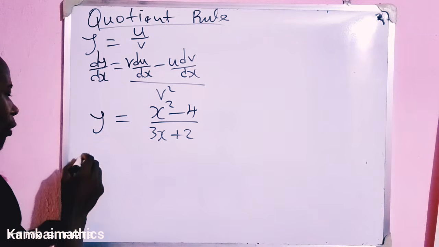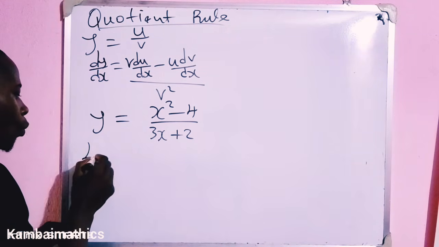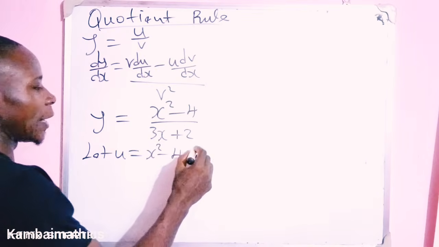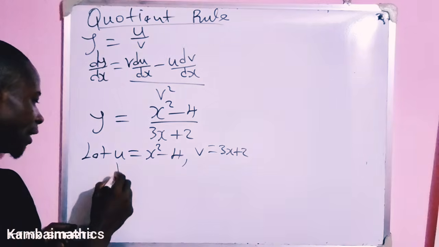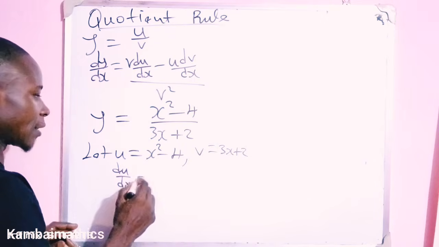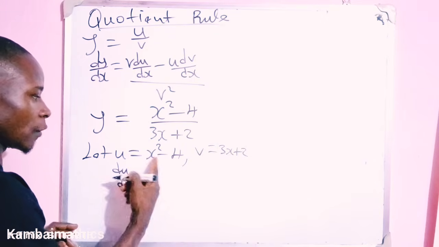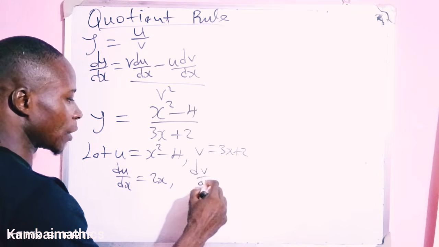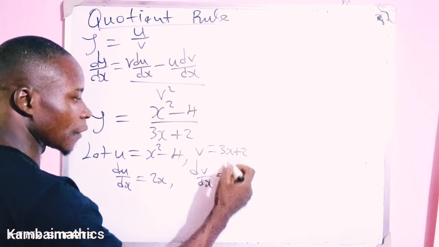So in this case, to find dy dx here, we will let u be equals to x squared minus 4, and then v will be 3x plus 2. So in this case, du all over dx is equals to, when you differentiate this it is 0, differentiate this it is 2x, comma, and then differentiate this one with respect to x. When you differentiate this it is 0, differentiate this one to give us 3.